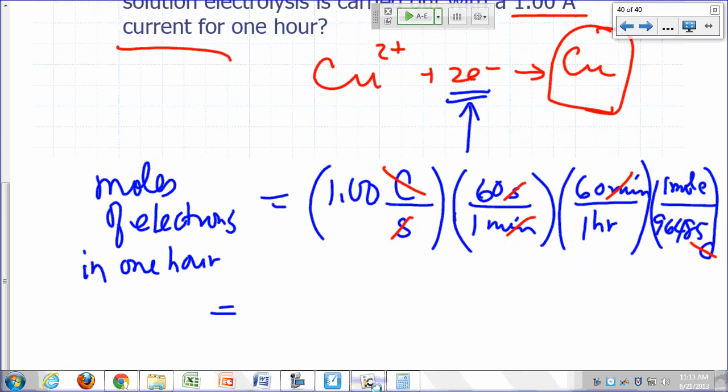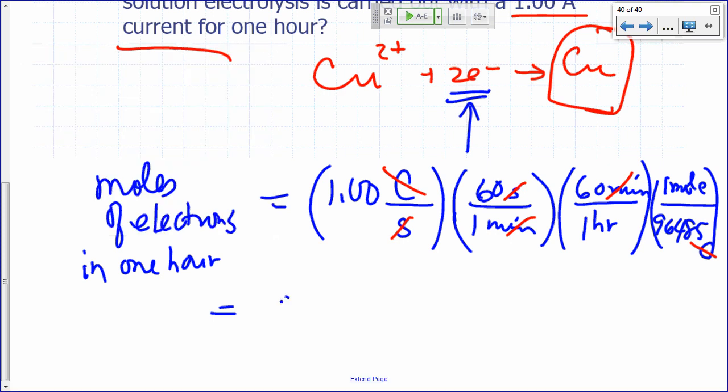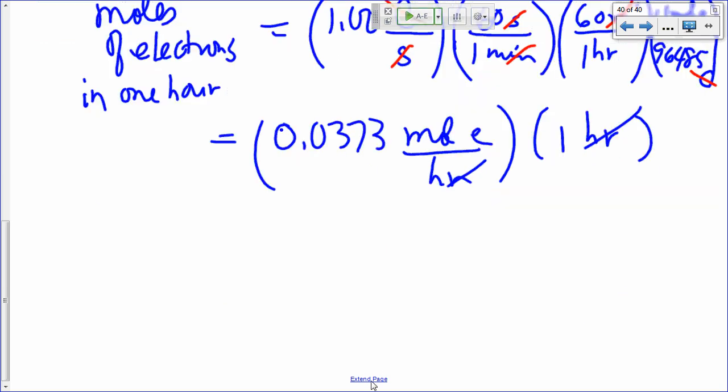So that was how much? 0.0373. 0.0373 moles of electrons per hour. Okay? And if we're doing 1 hour, then that is the moles of electrons. So that's per hour times 1 hour. So that gives you moles of electrons.